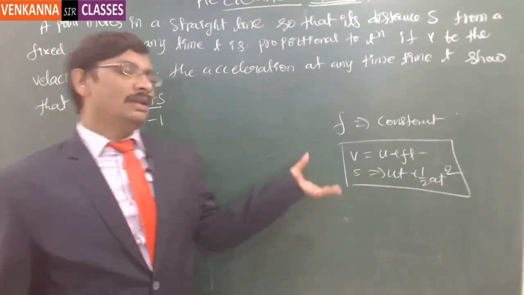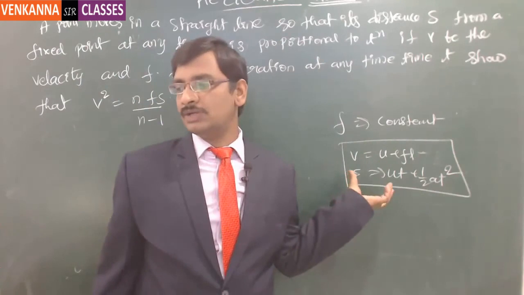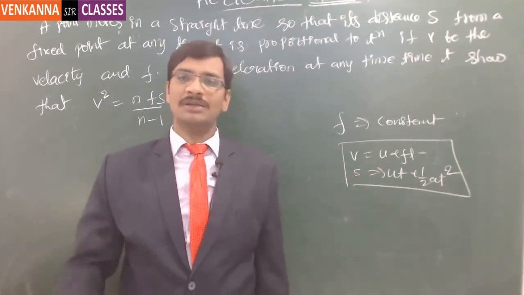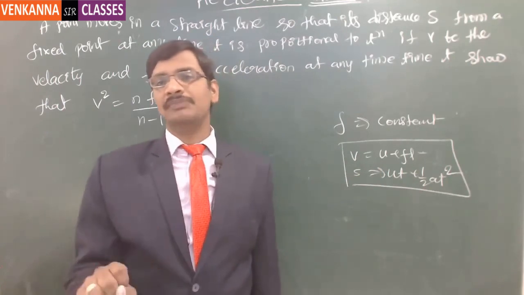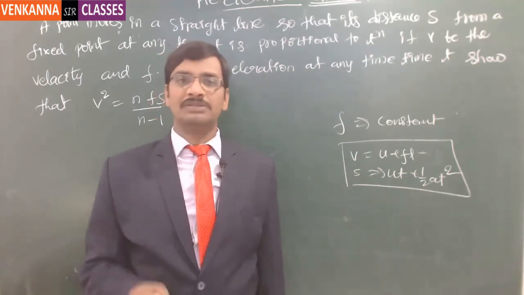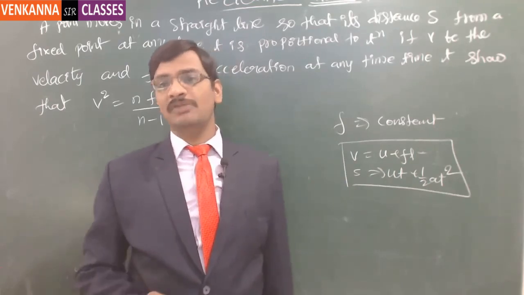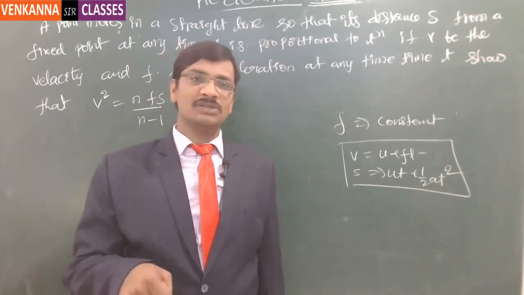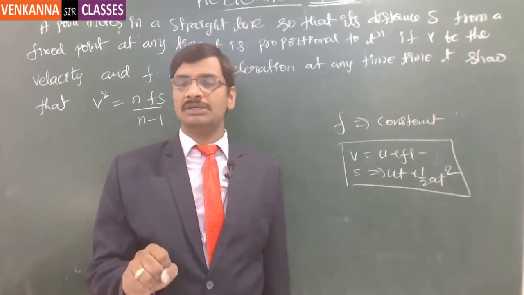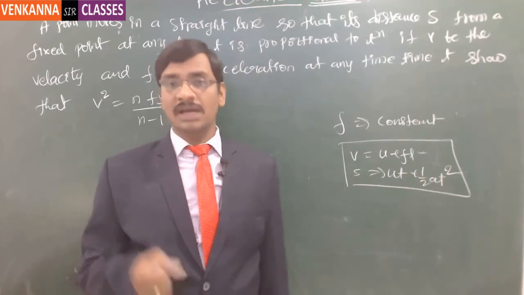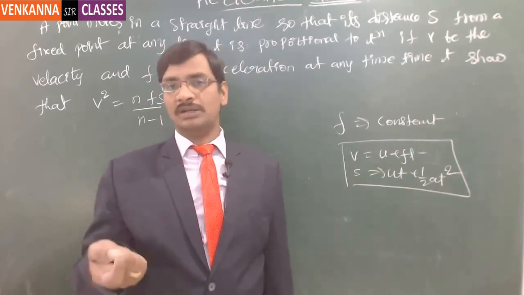In our practical life, we never find the acceleration as a constant value. When we start the bike, we keep on raising the acceleration, we keep on changing it. That means it will continuously be a variable. Within 1 second, I may change from 10 kilometers per hour to 20 kilometers per hour, but in the very next second, I change the velocity from 20 to 40, not 30.